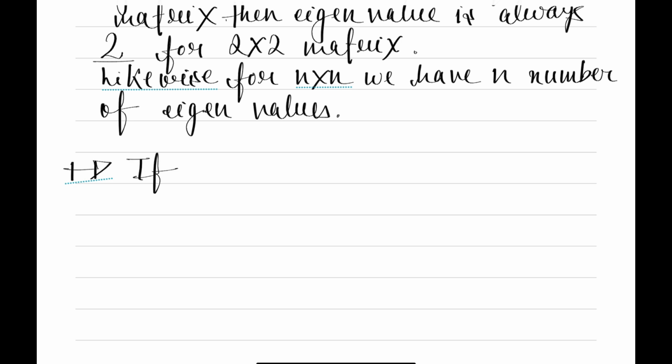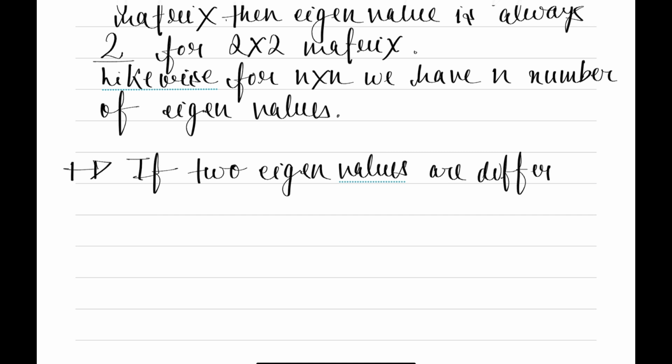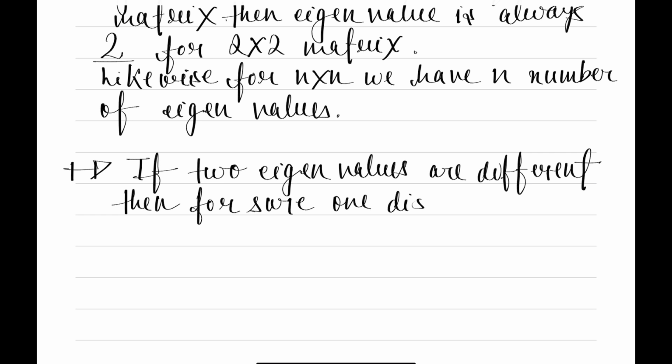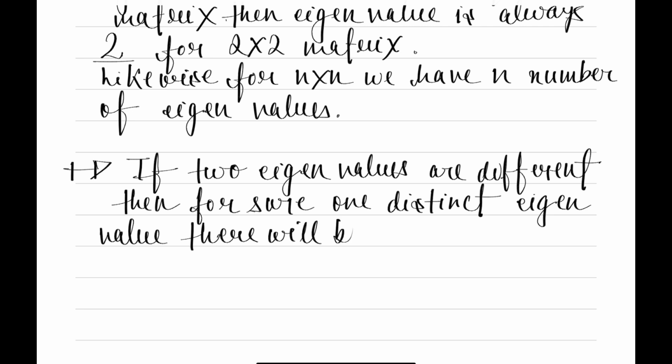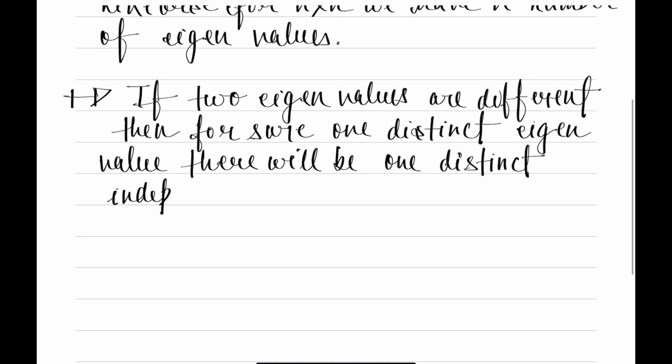If two eigenvalues are different, then for sure, for every distinct eigenvalue, there will be one distinct independent eigenvector.